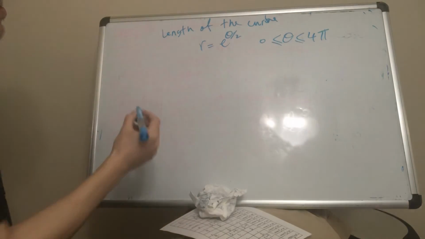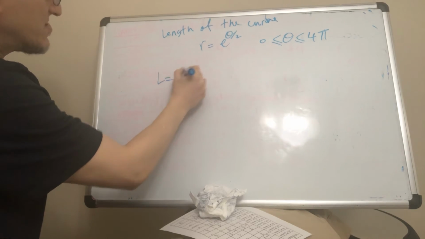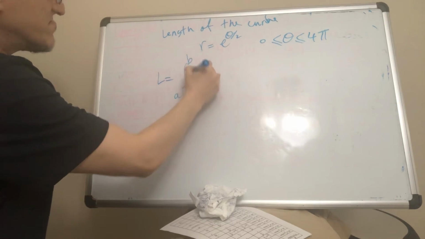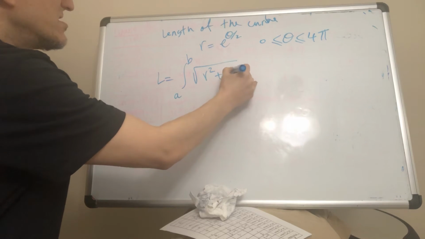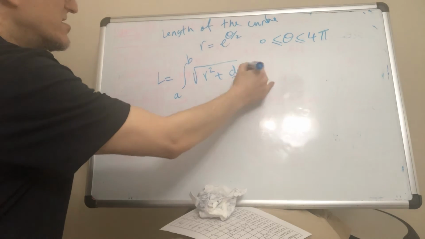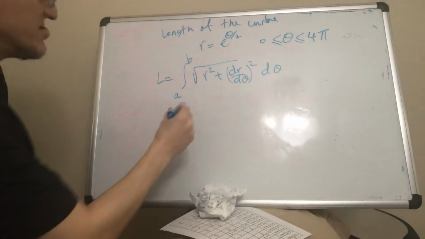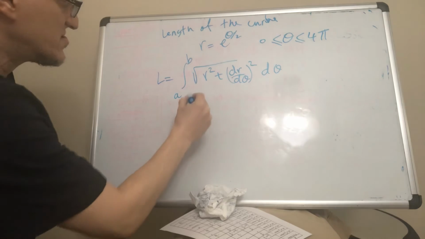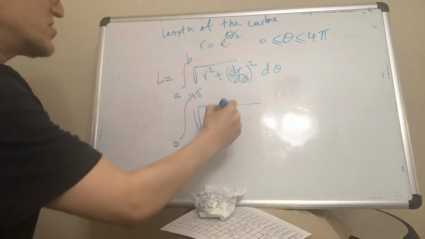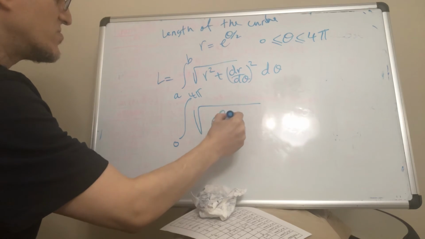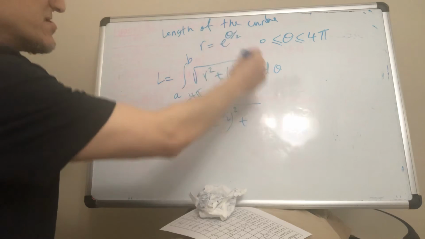The rule says that to find the length of the curve in a polar system, it is the integral of the square root of r squared plus dr over d theta squared, d theta. So you go from 0 to 4 pi, you square this, so e to the theta over 2 squared, and you take the derivative of this.